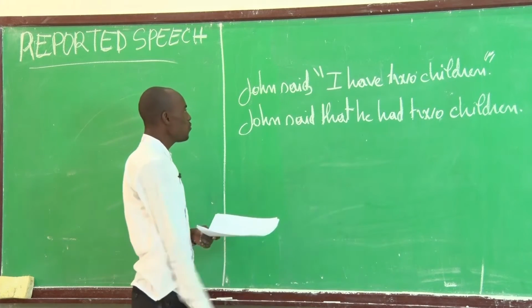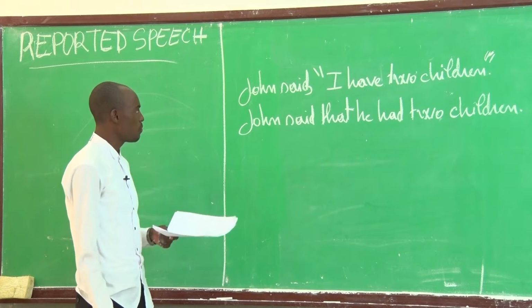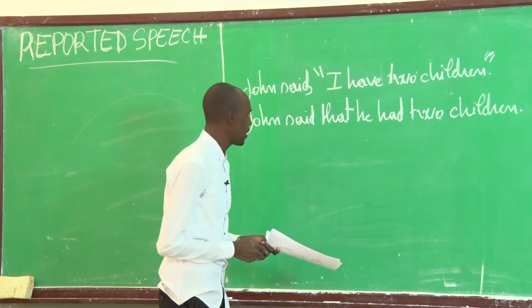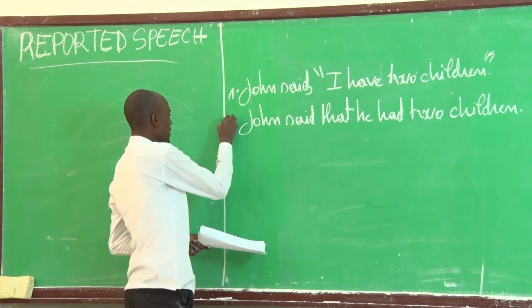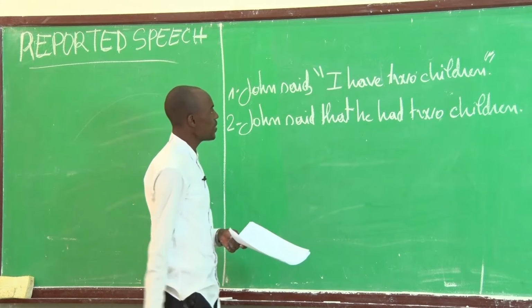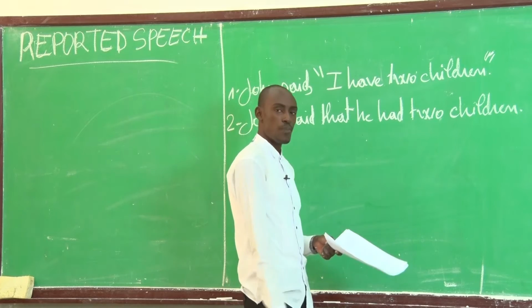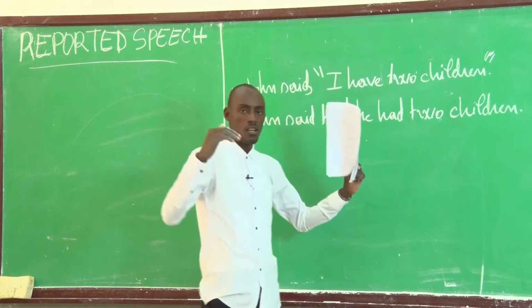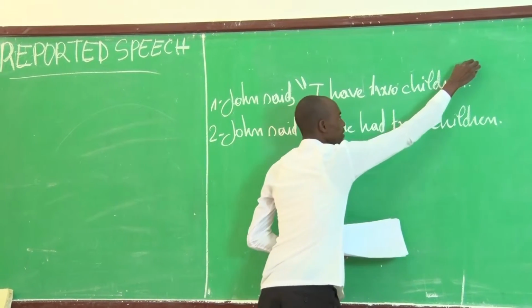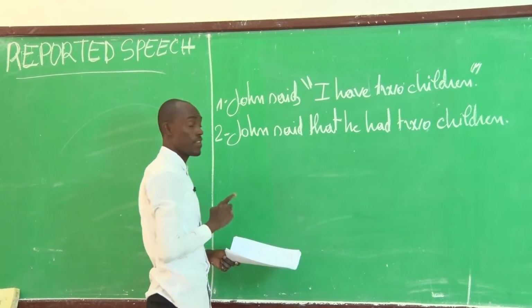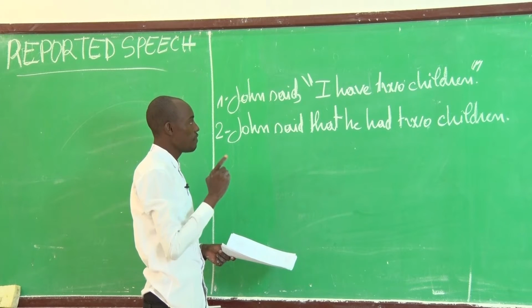Okay, what do we remark here? What do you remark here? We remark that we have 2 sentences. In the first sentence, we have a speech which is in inverted commas.